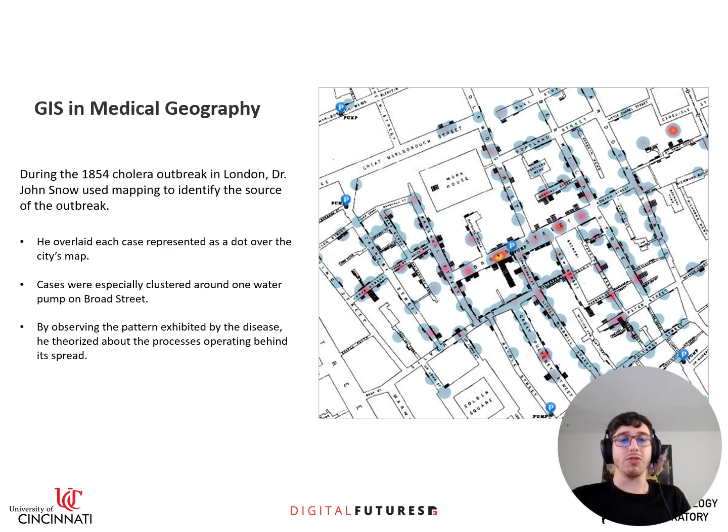He did not have any information about the kind of pathogen operating behind this disease, but by observing the spatial pattern exhibited by the disease, he was able to theorize about the processes operating behind its spread, identifying the disease as waterborne, proposing to the city's authorities the temporary closure of the water pump, and corroborating how deaths stopped as soon as the consumption of water from the identified water pump stopped.